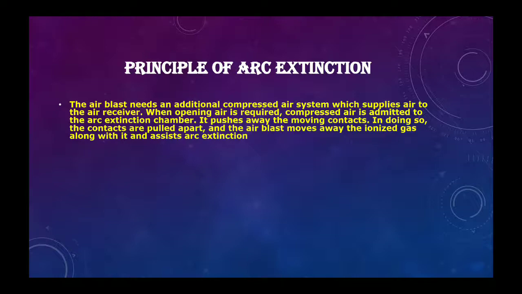It pushes away the moving contact. In doing so, the contacts are pulled apart, and the air blast moves away the ionized gas of the arc along with it and assists arc extinction.